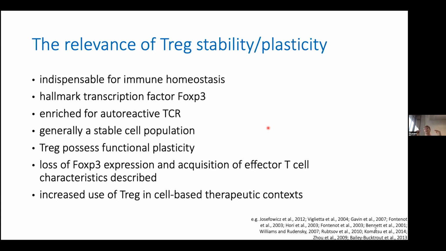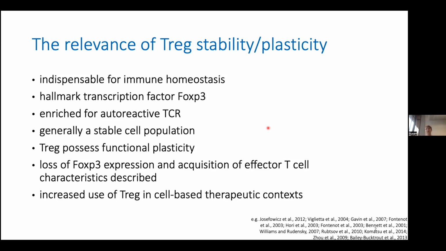And if this balance skips and is imbalanced, then the Treg will lose their stability and may irreversibly become what's called an X-Treg. So then they will lose FOXP3 expression and will become highly pro-inflammatory. And they will acquire effector T cell characteristics, such as pro-inflammatory cytokine expression.